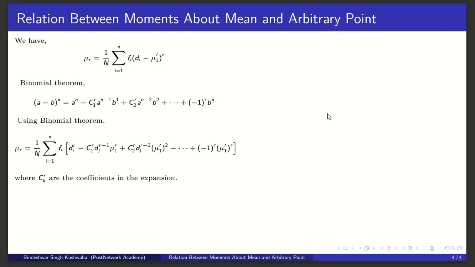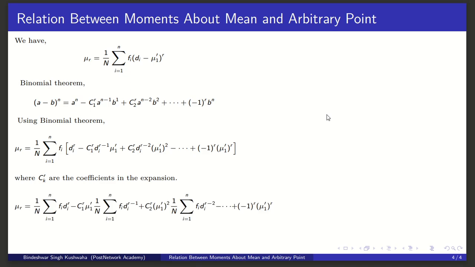So we will express (d i minus mu prime 1) raised to r using the binomial theorem, where C r k are the coefficients in the expansion, where C r k denotes if there are r objects and we are taking k at a time, that is called combination. We will see it in a separate video.